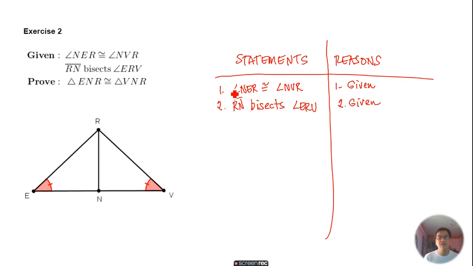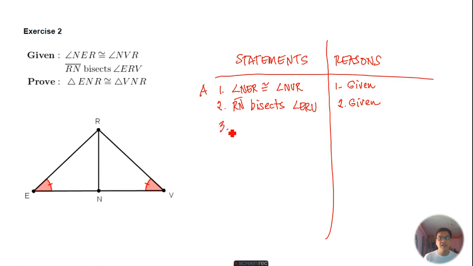Now, let's first go to the first given, angle NER. This is our angle, and let's locate that in the figure. So this one, NER and then NVR, is already marked. Next, do we have a clue again in the triangle that can tell us they are congruent? We have RN as the side.